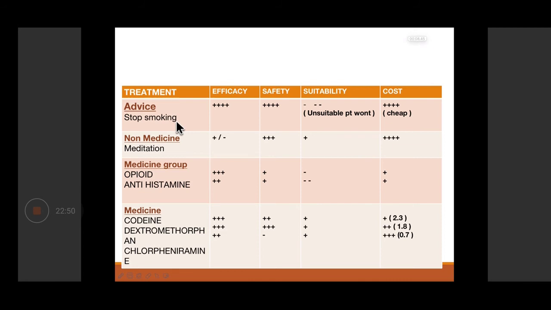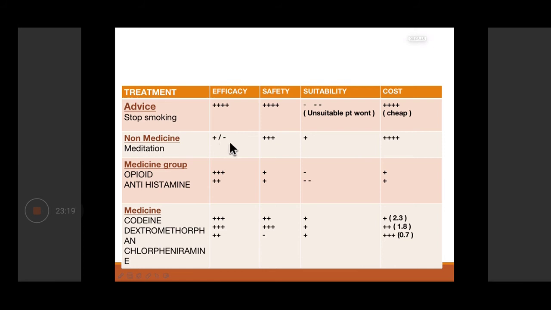Now look at this advice. Stop smoking. It will have a high efficacy, high safety. For an unsuitable person, this advice will not work. And this is really no cost advice. Rather, patient will save money. Okay? So this is how you rate your advice. Then you have a non-medicine treatment like meditation for cough.